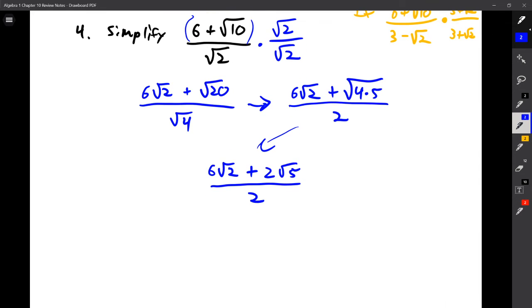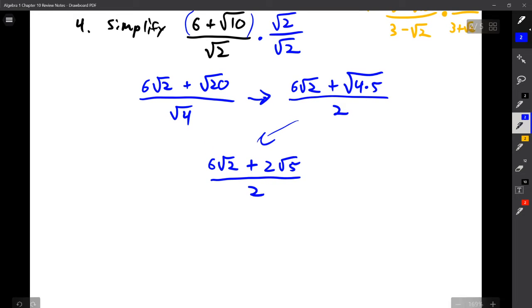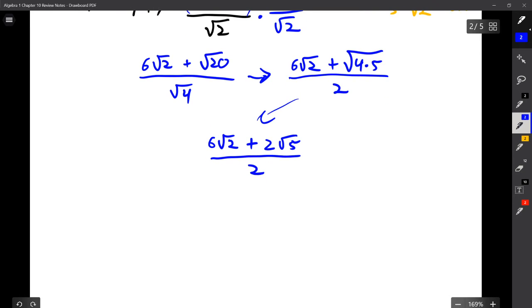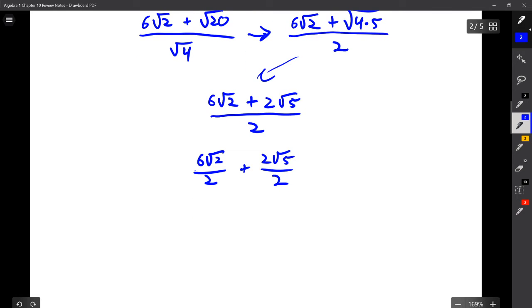It might be easier for some of you to see what's going on if I split this into two separate fractions. When you have two chunks on top and one on the bottom, you can split it into two separate fractions. So what I have is 6 root 2 over 2 plus 2 root 5 over 2. That's what I have going on.